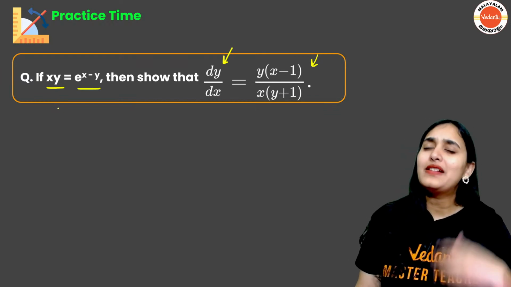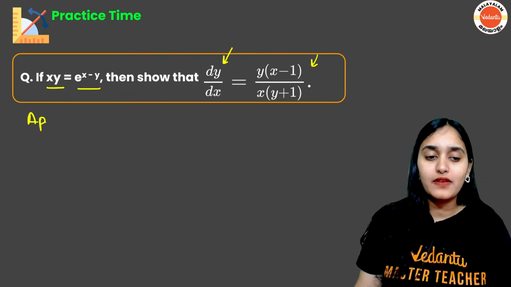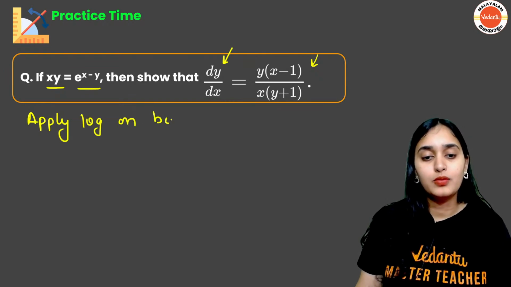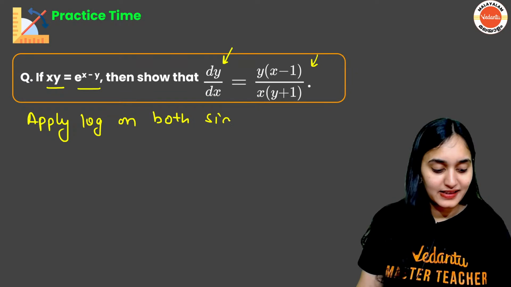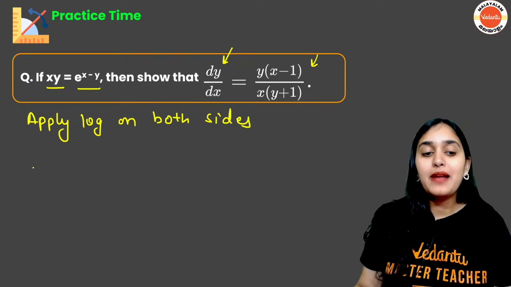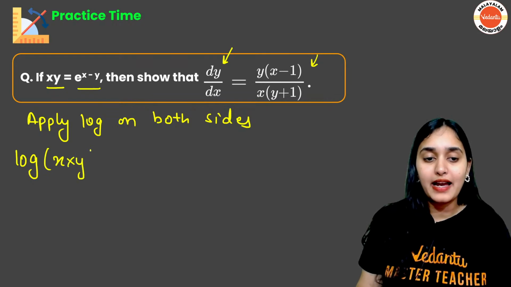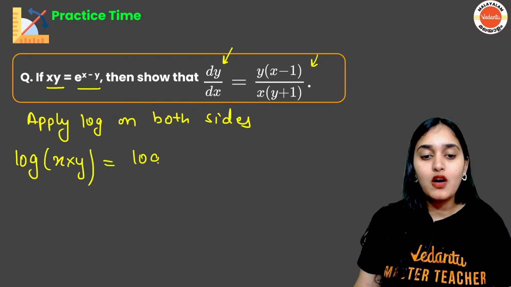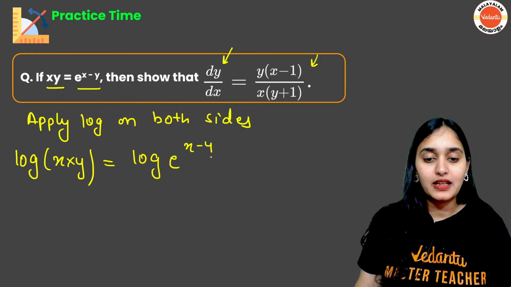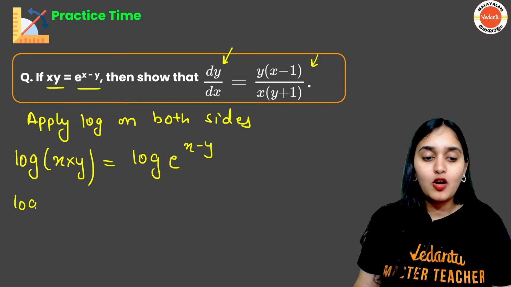What we will do? We will simply apply log. As always, apply log on both sides. So, once we apply log on both sides, we get log of x into y is equal to log of e to the power x minus y. So, this will become log x plus log y.